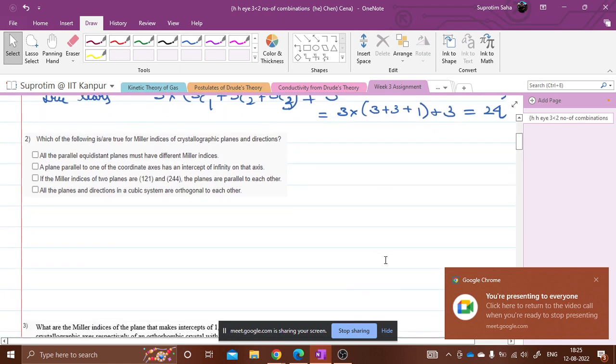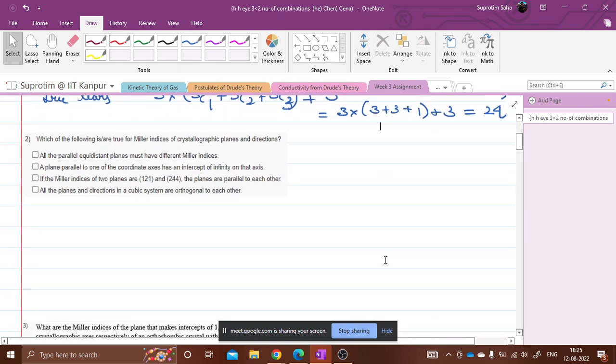Okay. So which of the following is or are true for Miller indices of crystallographic planes and directions? The first option is that all the parallel equidistant planes must have different Miller indices. This is not true because they'll have the same Miller indices, right? There'll just be multiples of that, right?